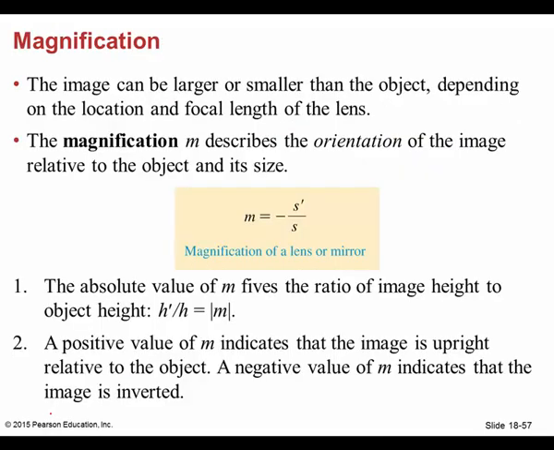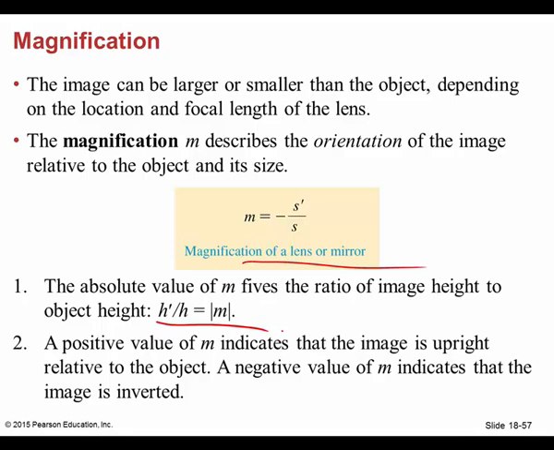All right, so how do we find magnification? Well, here we see that if we take the image height and divide it by the object height times -1, don't forget the negative right there, then we can find the magnification of the lens or mirror. Note it'll work for both.